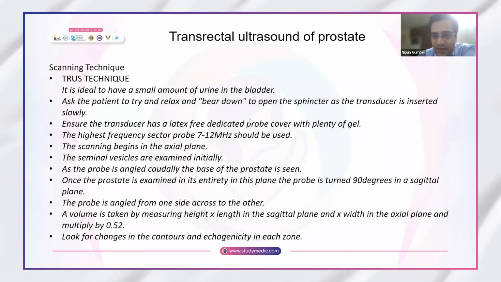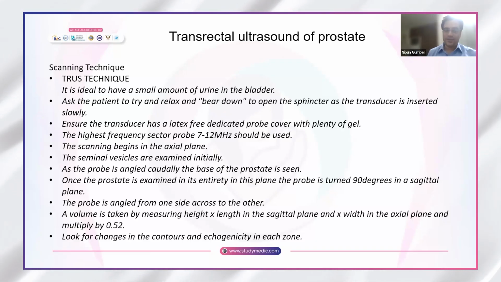So I will just summarize the transrectal ultrasound of the prostate. Firstly, take written and informed consent from the patient that transrectal ultrasound has to be done. Secondly, ask the patient to empty the bladder. Only a small amount of urine can still be left in the bladder.